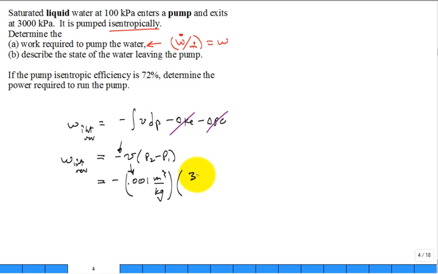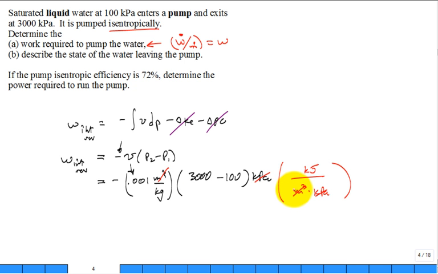Well, it went up to 3,000. It started at 100 kilopascal. I'm going to have to do some unit conversions here. True? What's meter cubed times a kilopascal? Done it enough to know that's a kilojoule? Precisely it is. And that'll give me the right units, won't it?